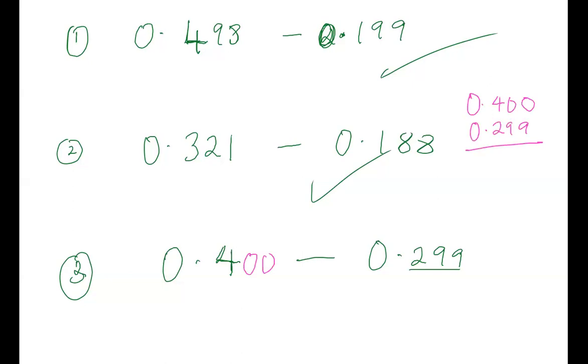From there, just take it away. This one is 0, so you borrow 1 here. 10 minus 9 gives you 1. 9 minus 9 gives you 0. 3 minus 2 gives you 1. 0 minus 0 gives you 0. That's the answer.